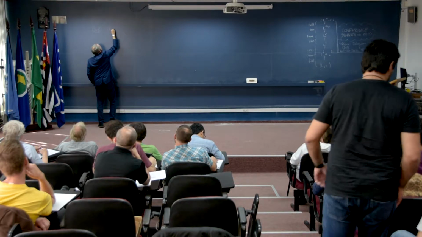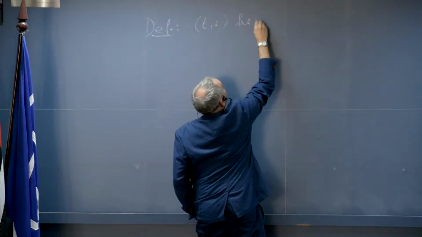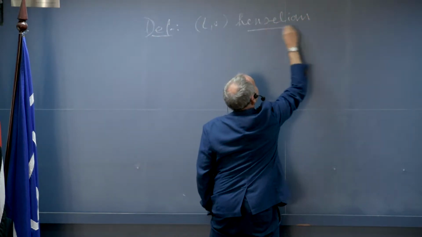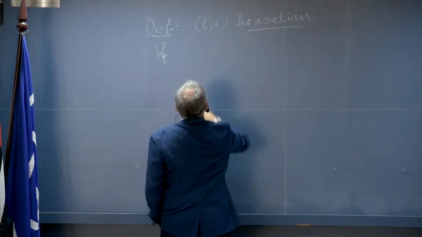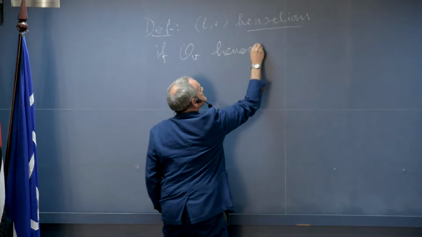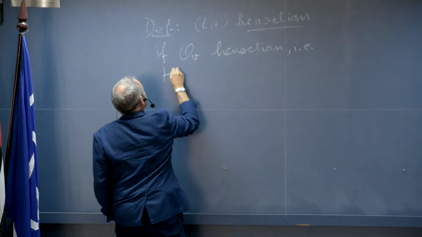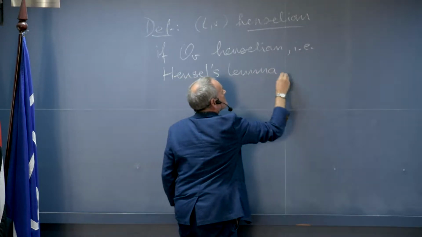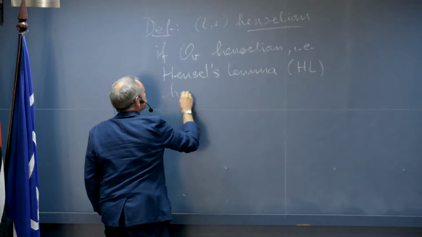So if we have a valued field, we call it Henselian, if, and now I'm referring to Graham's first lecture, if the valuation ring is Henselian, which means, and he wrote down Hensel's lemma, which I will abbreviate as HL from now on, holds.